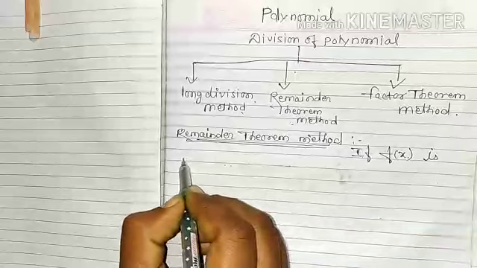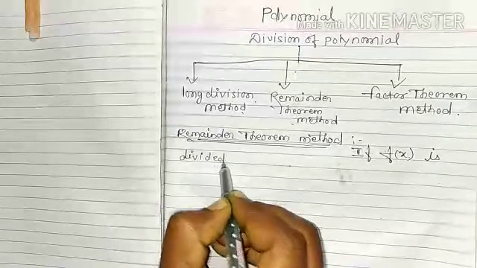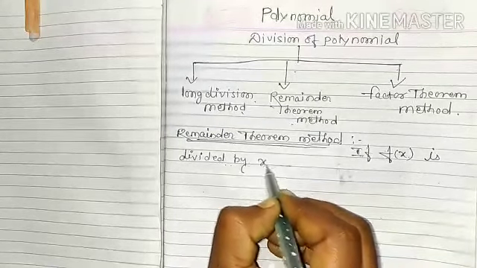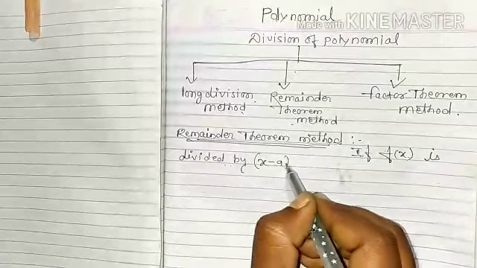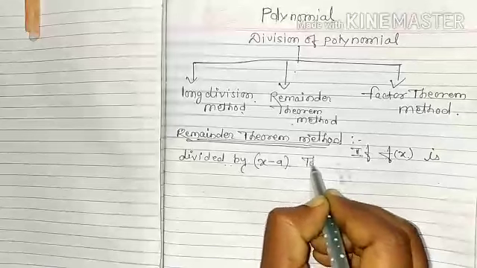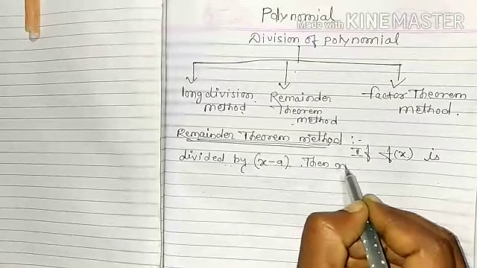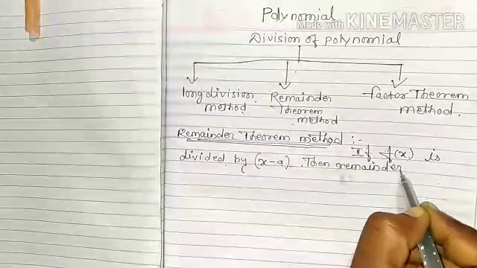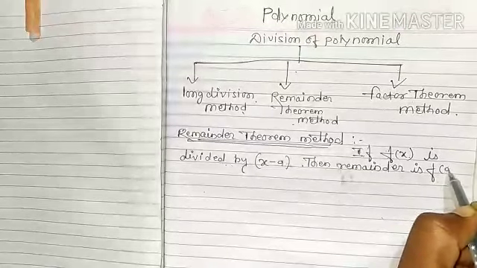If any polynomial f(x) is divided by x minus a, where x minus a is a divisor, then the remainder is f(a).